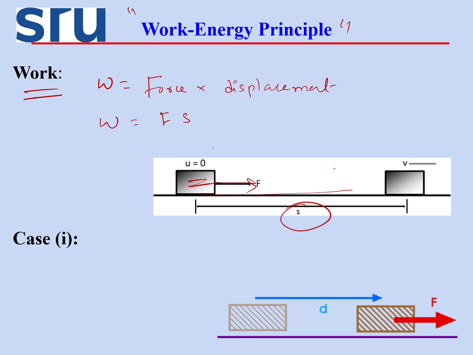If the force and displacement are in the same direction, now this is a scalar product, W equals F dot S or Fs cos theta.